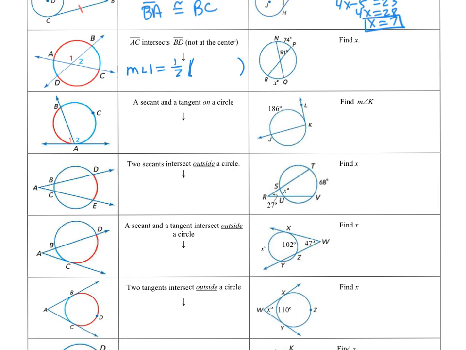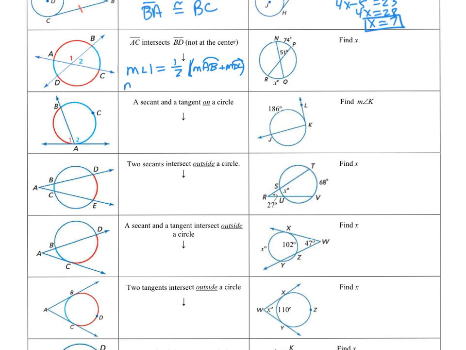So the arc that angle 1 intercepts is arc AB, and the arc that its vertical angle, angle 2, intercepts is arc CD, all right? So to find the measure of angle 1, we will take half the sum of the measures of these two intercepted arcs, okay? So we can use that same idea then to find the measure of angle 2.